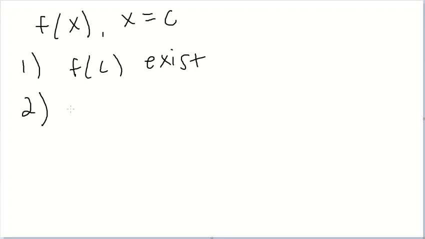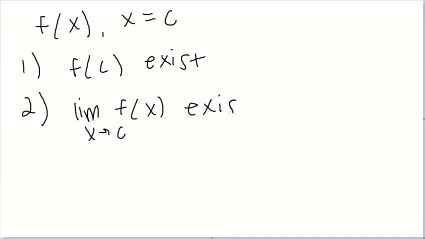Our second condition is that the limit as x approaches c of our function f of x also has to exist. So not only does our function have to be defined at the point we're analyzing, but the limit as x approaches that value c also has to exist.